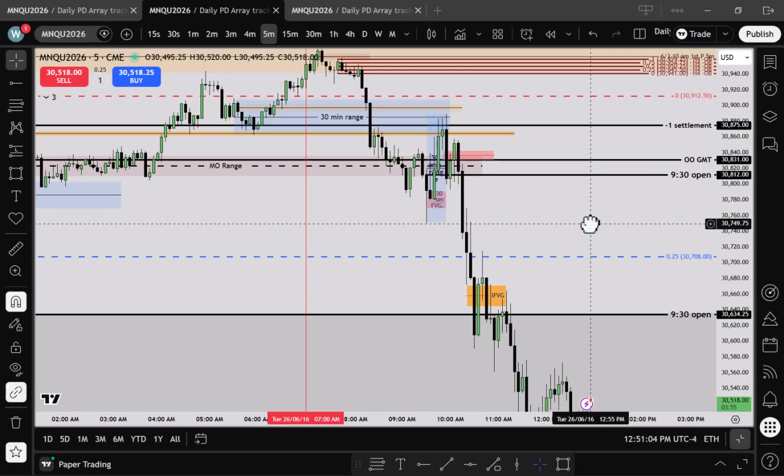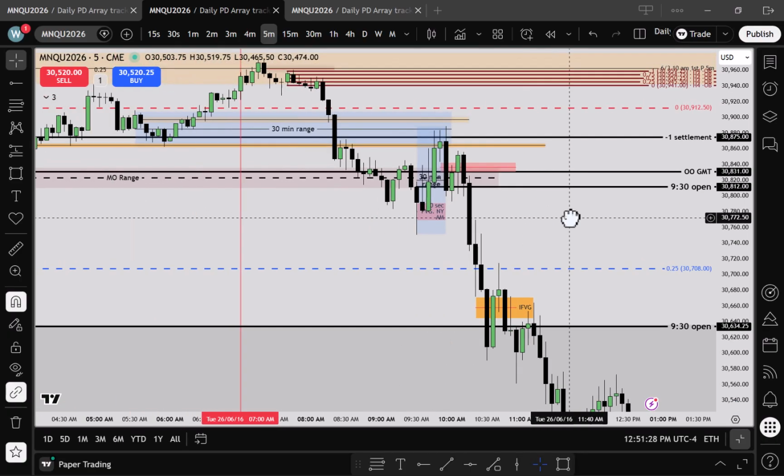Even if I enter later than I could have on a standard 1-minute chart, at least I have a higher time frame market structure that does not give me as much chop, where I can see more clearly where it's wanting to go.